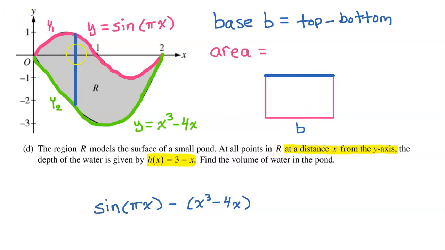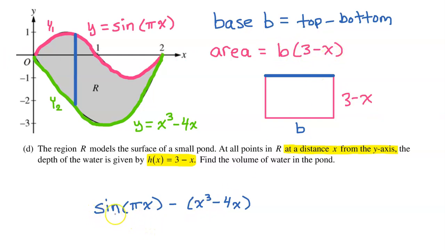Once you realize that each slice of lake is a rectangle, it's easy to come up with an expression for the area. The area of a rectangle is the base times the height, and the height of each slice of lake is given by this function, 3 minus x. So, an expression for the area will be base times height. In other words, base times 3 minus x.